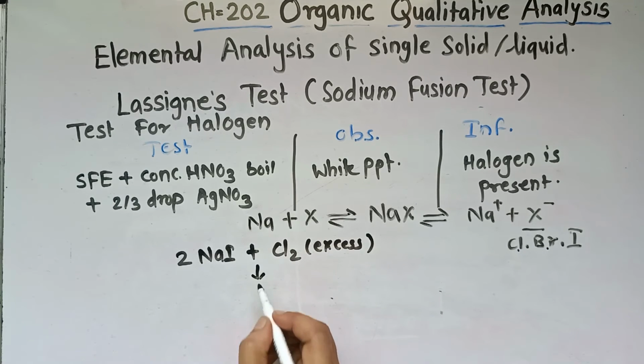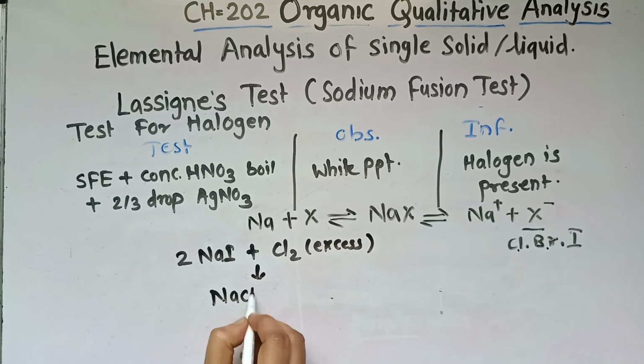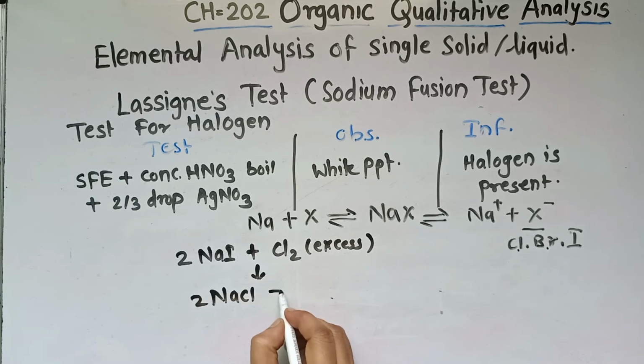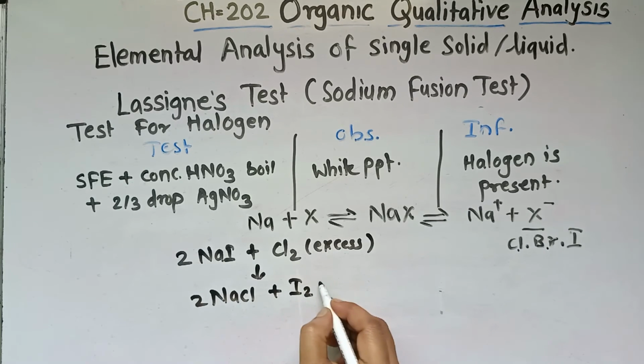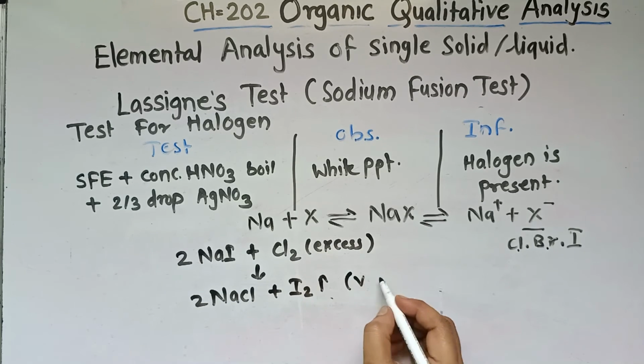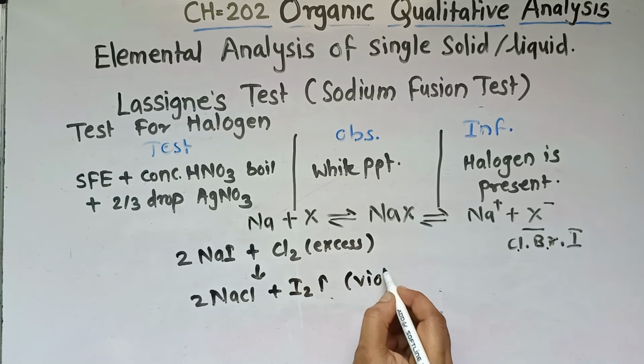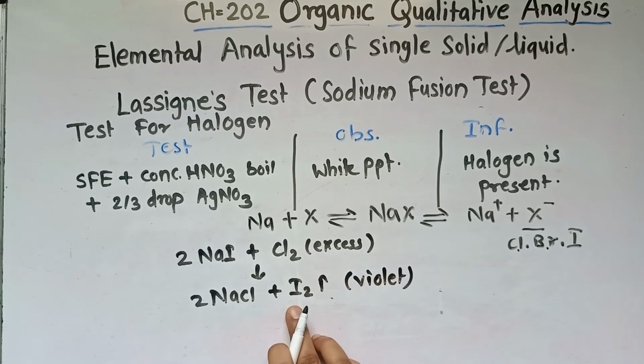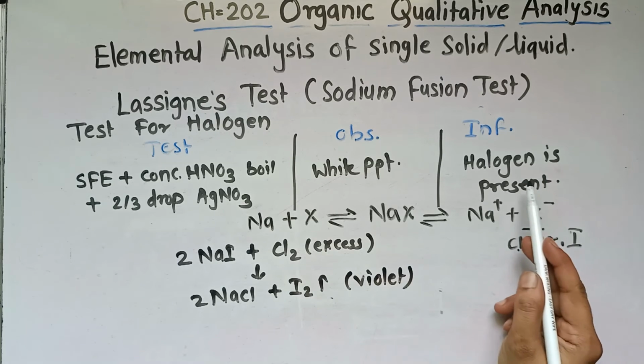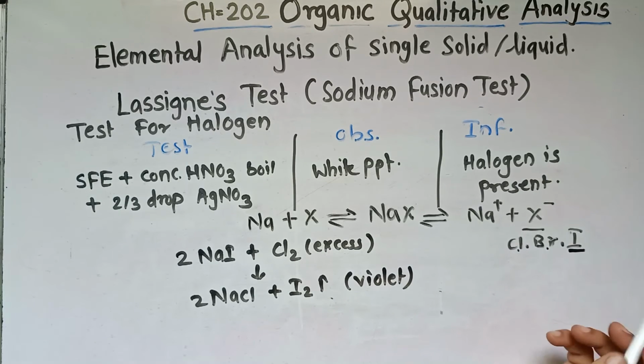chlorine water, it forms 2 NaCl, and iodine is released. So violet color fumes are observed. If we observe the violet color fumes, we conclude that the given halogen is iodine.